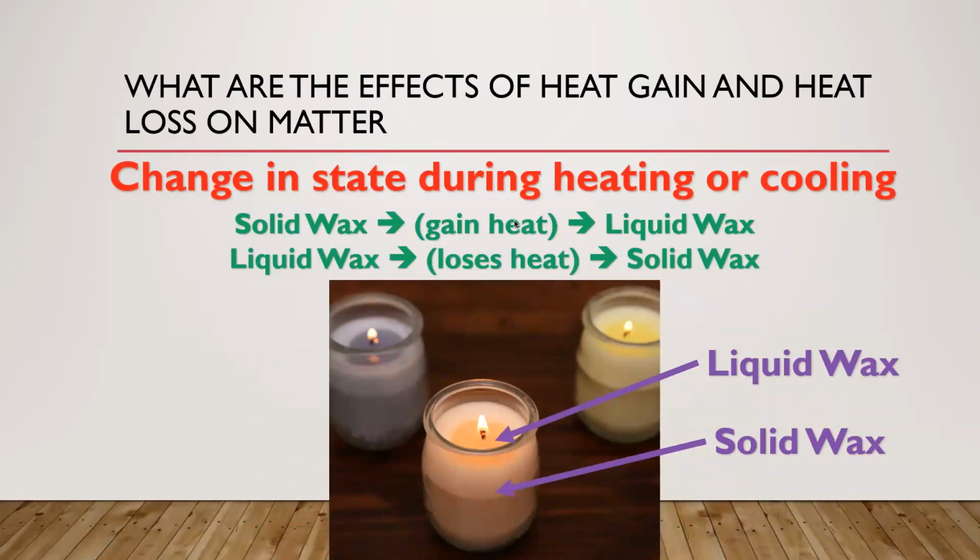However, when the heat is not burning, the liquid wax cools and becomes solid again. With that, we can see the change of state in this picture here, where solid wax gains heat to form liquid wax, and liquid wax loses heat to form solid wax.